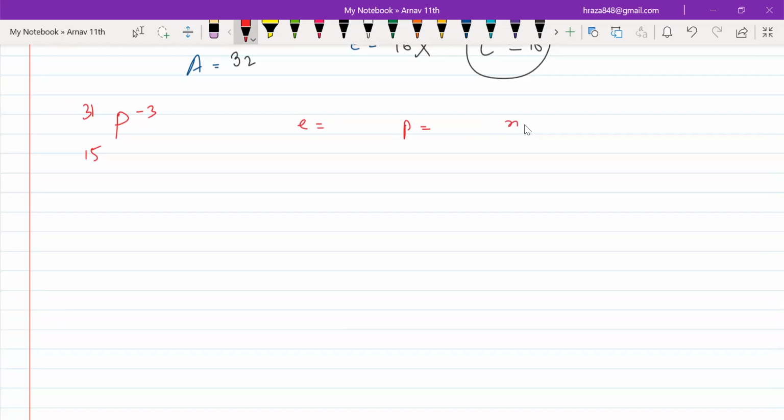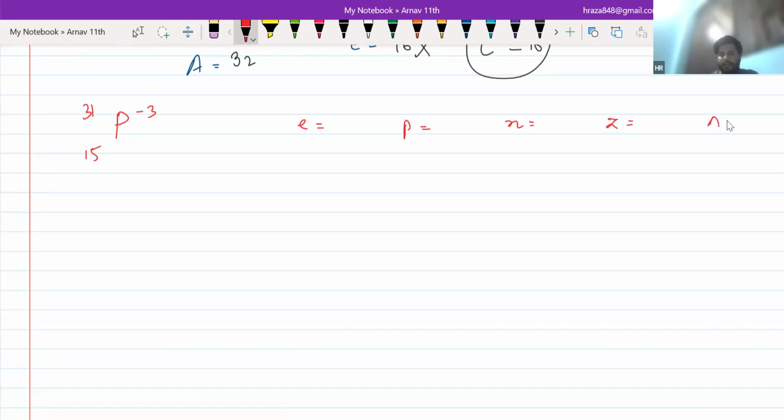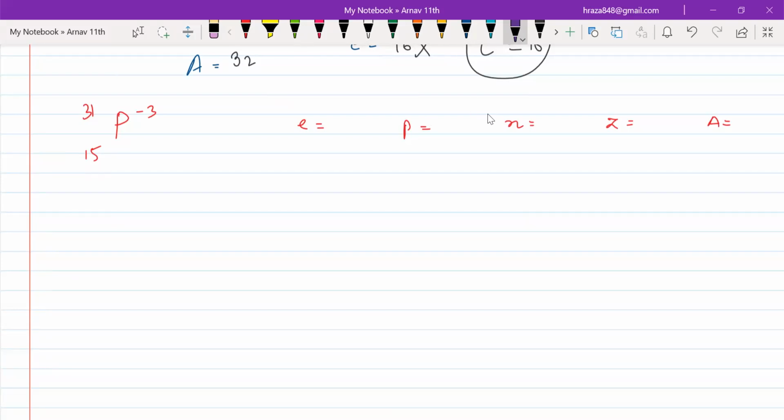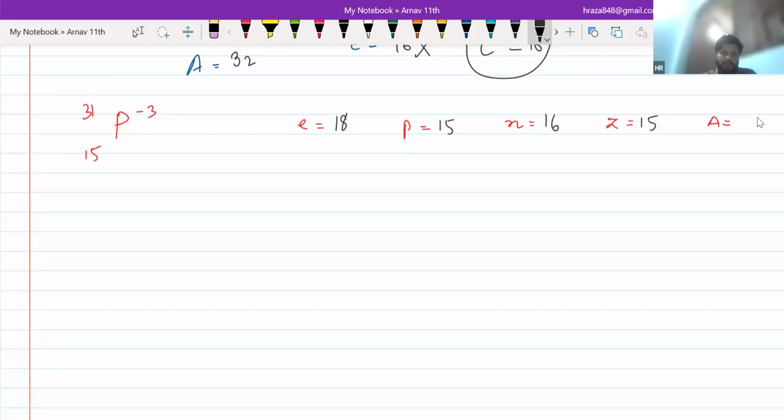Electron, proton, neutron, Z, A. So E is 18, P is 15, N is 16, Z is 15, and A is 31. So it's very easy, right?